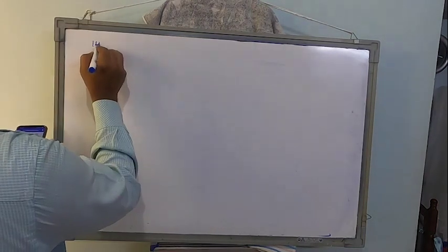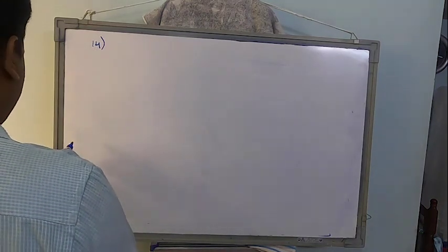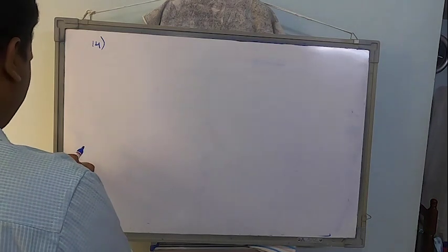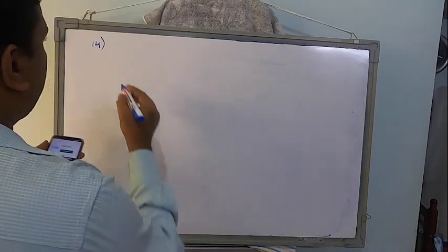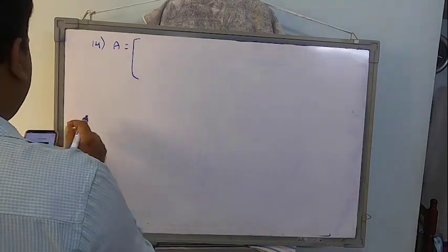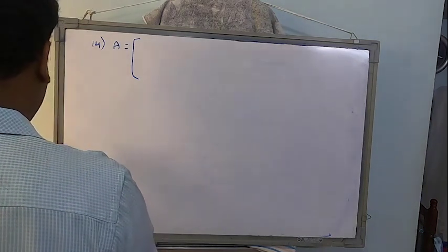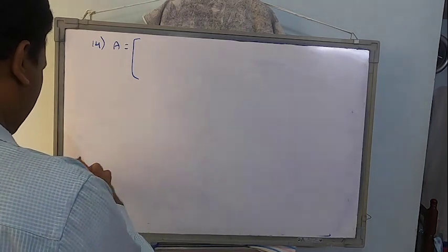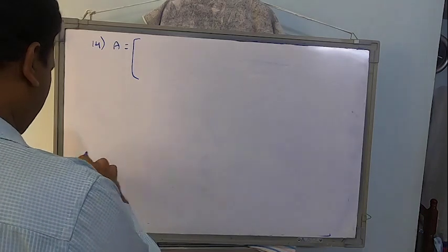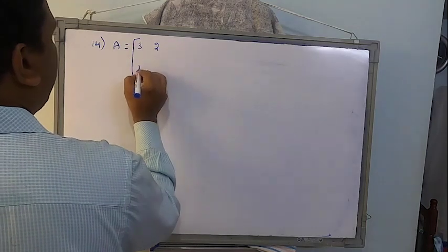So in 14th problem, one second, I'm just going to write down the matrix which is given there. So matrix what has been given there is 3, 2, 1, 1.